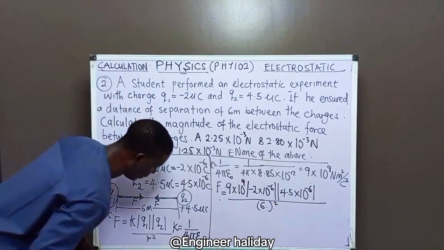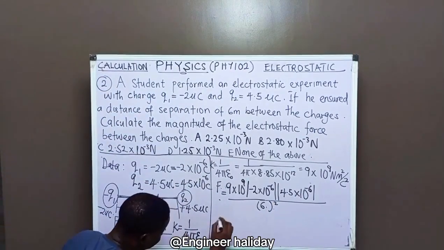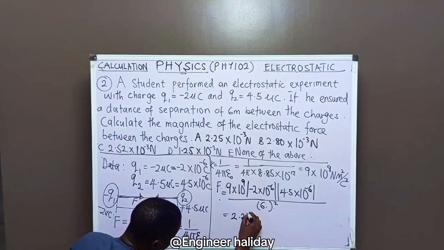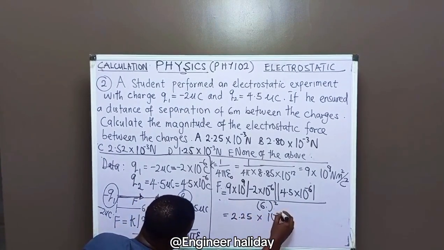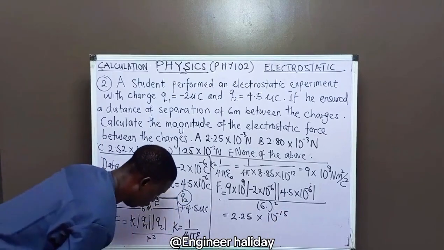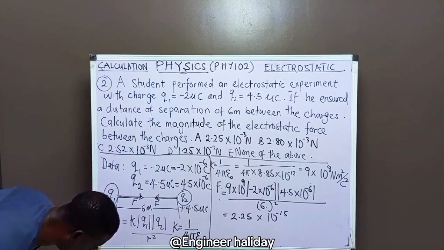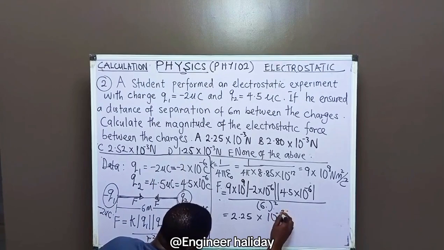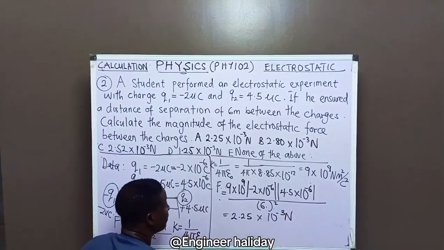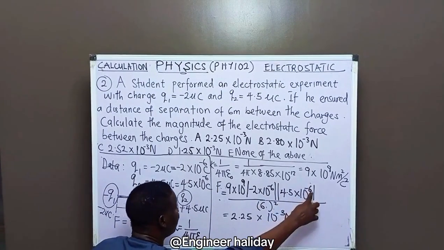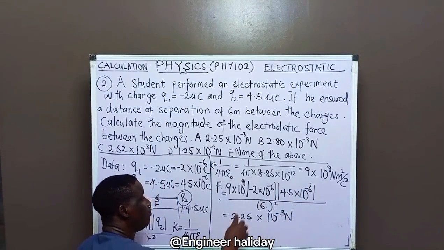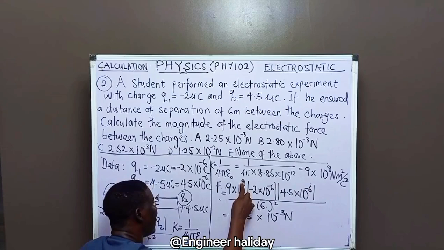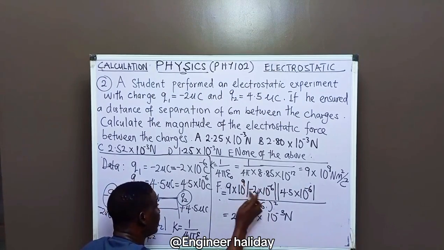Now, if you press your calculator, you would have 2.25 times 10 to the power minus, let's say, minus 3 Newton. You know why? Because minus 6 times minus 6 will give us minus 12, times 10 to the power 9, you are going to have minus 3.